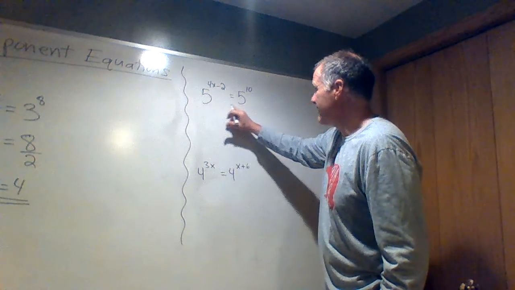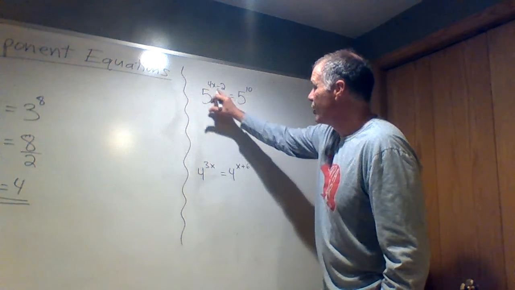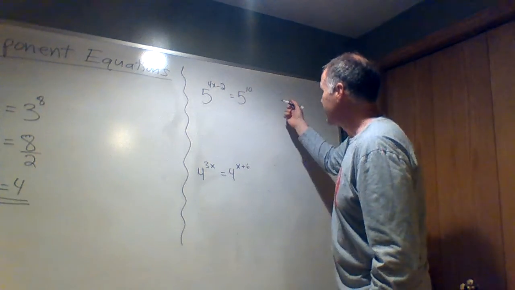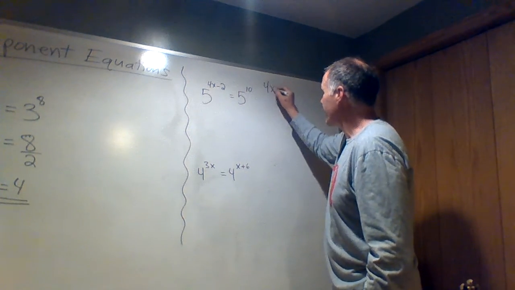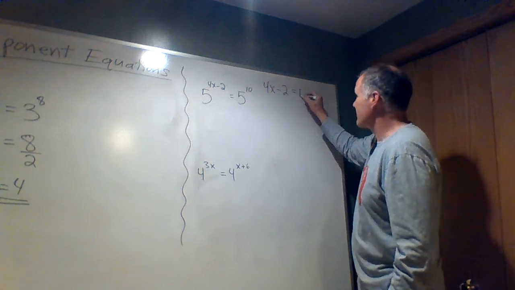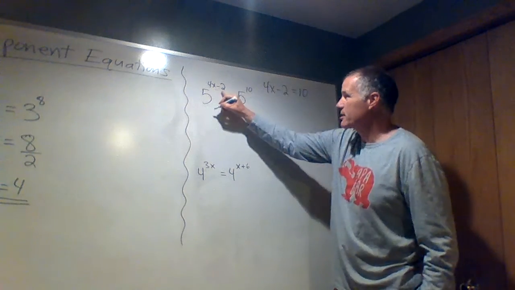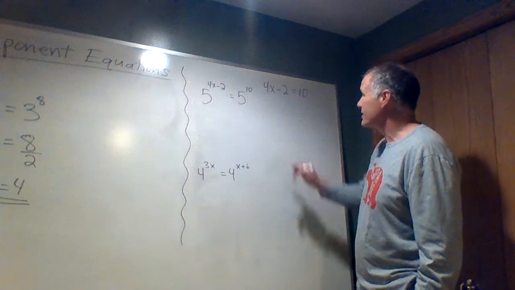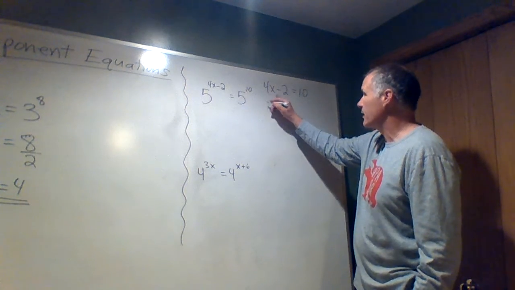So I got 5 base and a 5 base here. So that exponent 4x minus 2 has to be equal to 10. Now again, this is really pretty simple stuff because I'm just going to solve. So I have 4x minus 2.